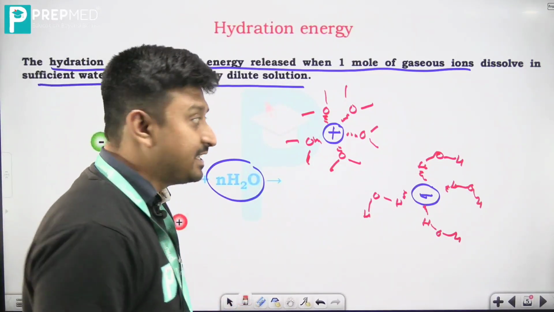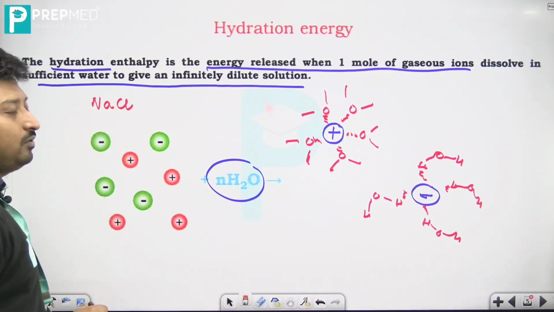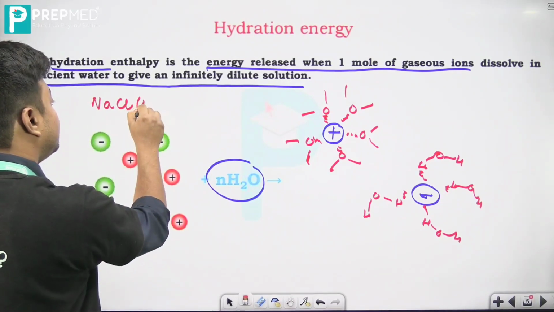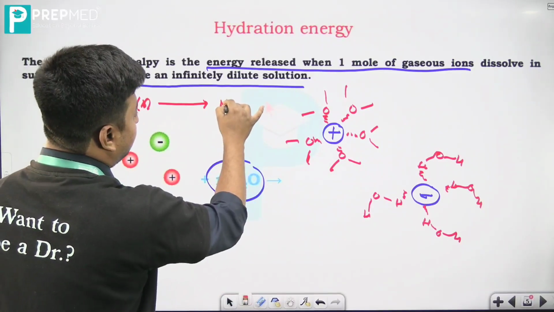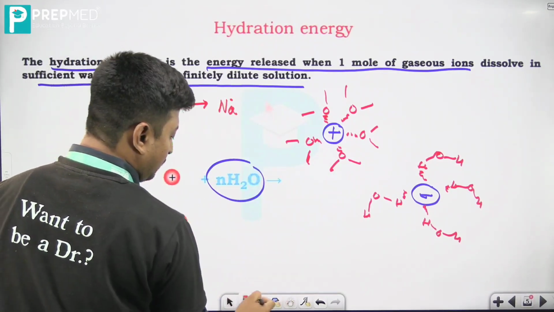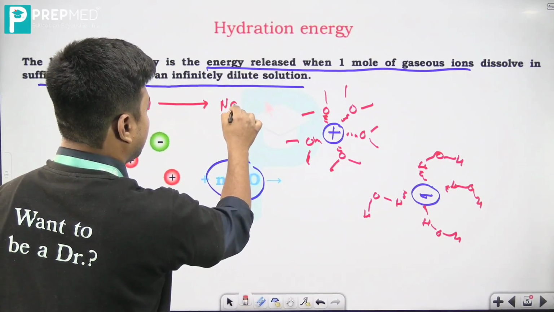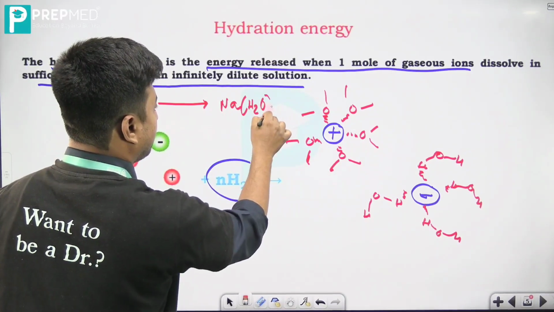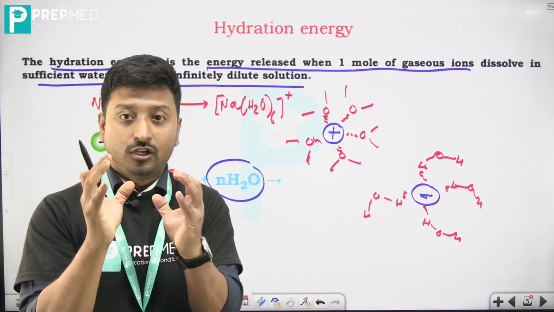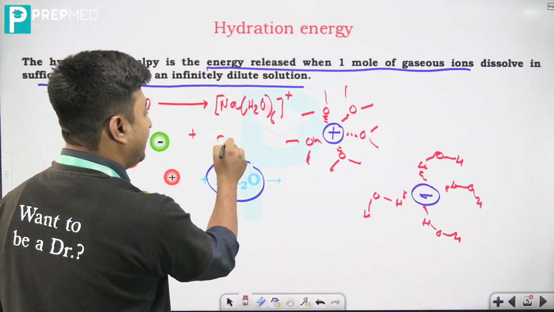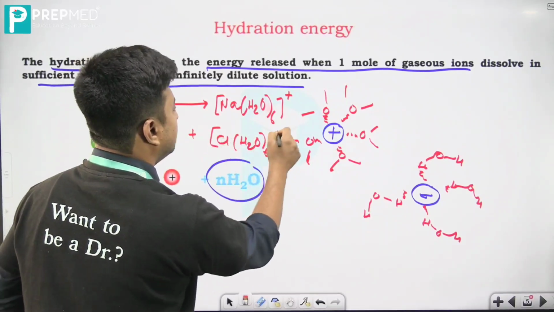Now if I take an example, I can give an example here. अगर हम सोडियम क्लोराइड के बारे में सोचें, सोडियम क्लोराइड जब सॉलिड स्टेट में होता है, व्हेन इट ट्राइज टू बी सॉल्युबलाइज्ड इन वाटर मीडियम, दिस सोडियम प्लस, ओके, ये 6 मॉलिक्यूल ऑफ वाटर को साथ में लेके सॉल्युबलाइज होता है, और सिमिलरली एक Cl माइनस भी 6 वाटर मॉलिक्यूल को साथ में लेके solubilize होता है, okay.